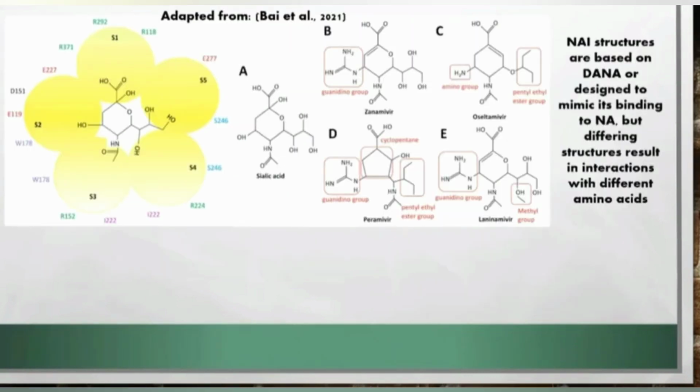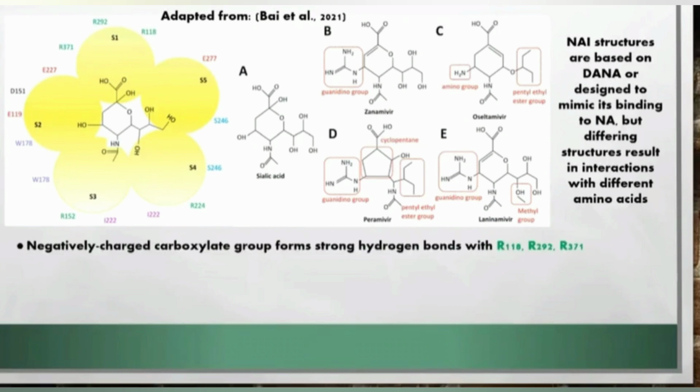Neuraminidase inhibitor structures are developed based on DANA or designed to mimic its binding to neuraminidase, but differing structures result in interactions with different amino acids.